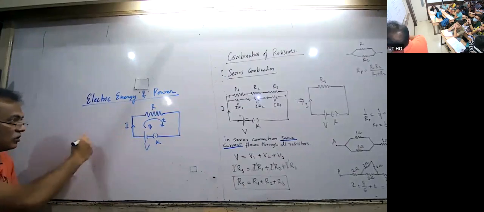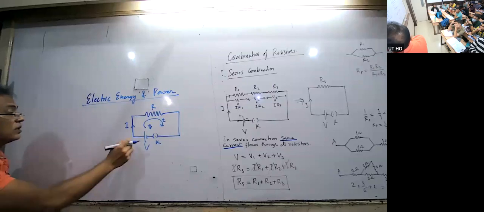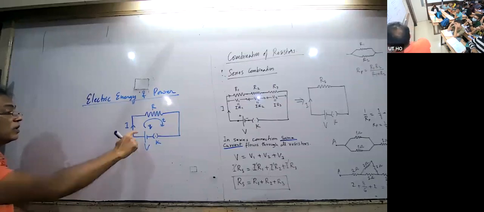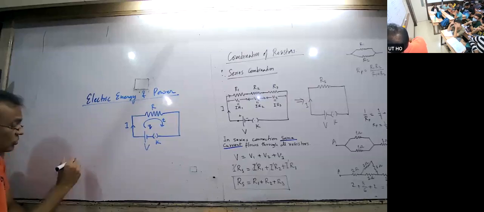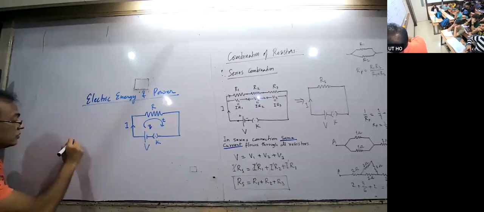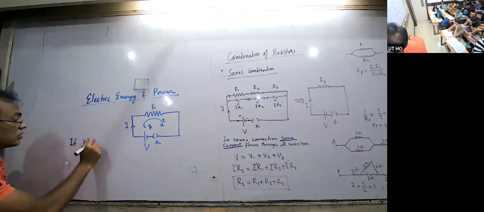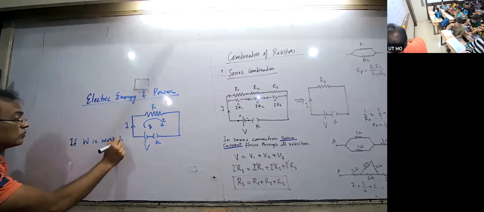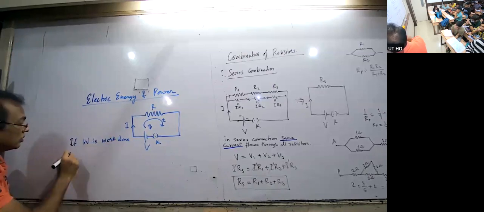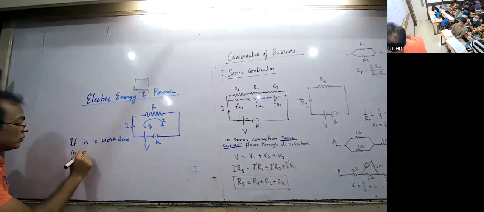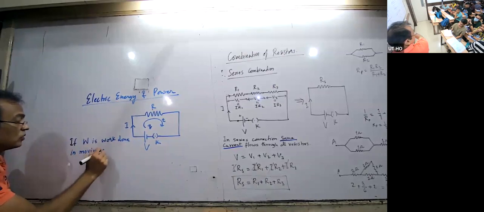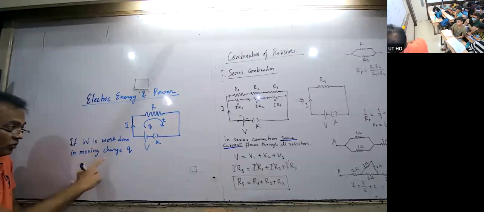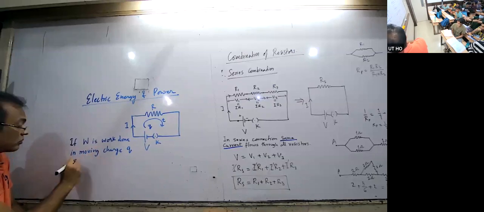So let us say work done in moving this charge Q is W. So if W is work done in moving charge Q through the circuit.